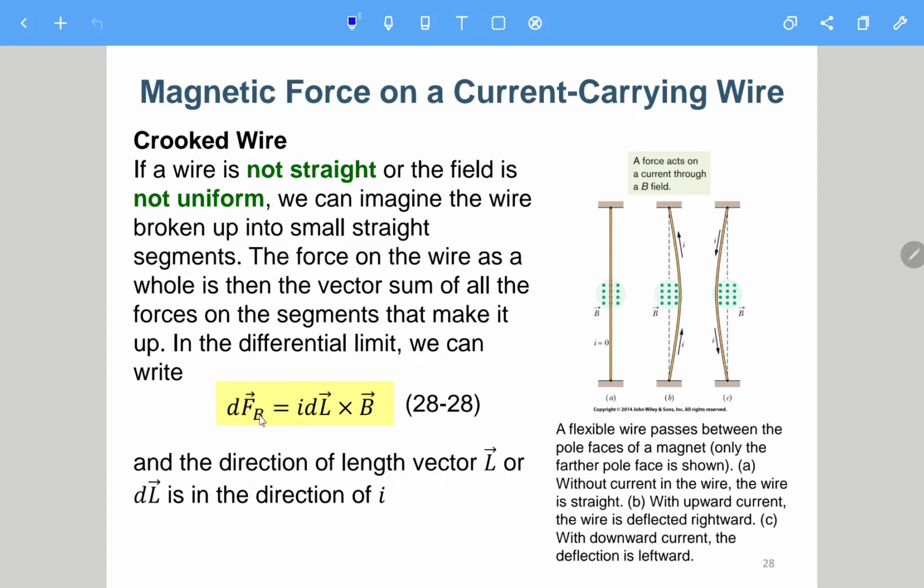For each segment there will be a small differential force acting on it, and then we can calculate the whole force by integrating over the whole wire. Then we get the whole force acting on the wire.